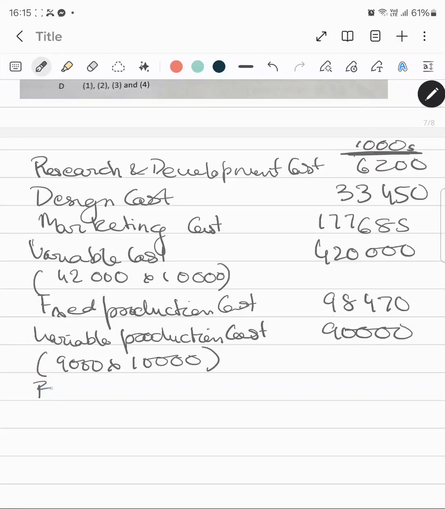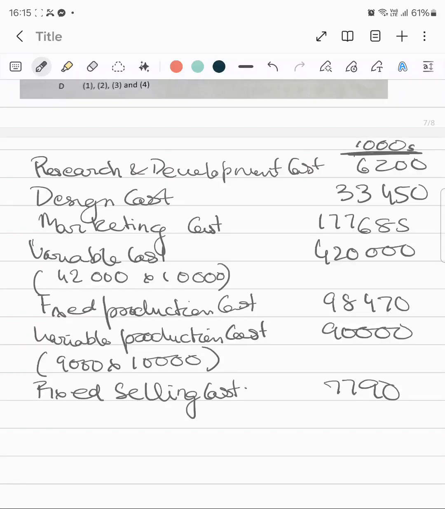And now I have fixed selling cost. Fixed selling cost is 7790. I will take it as it is because this is something fixed, it is not variable.